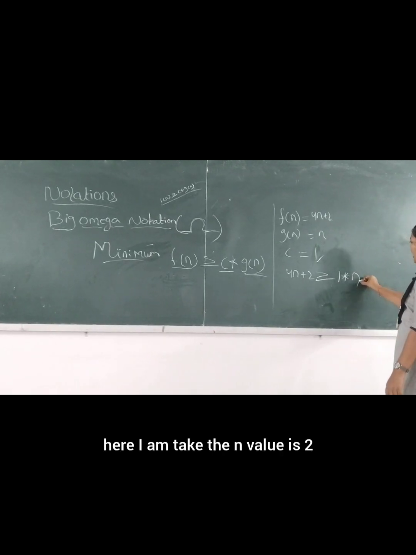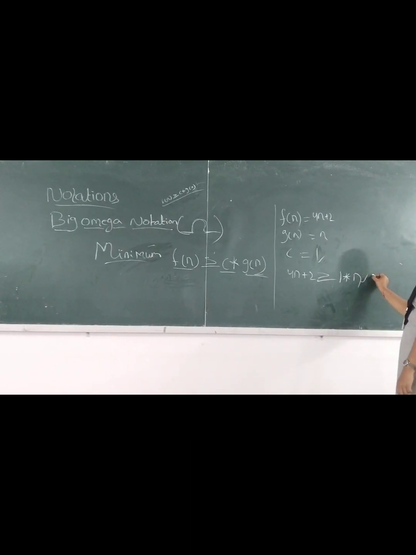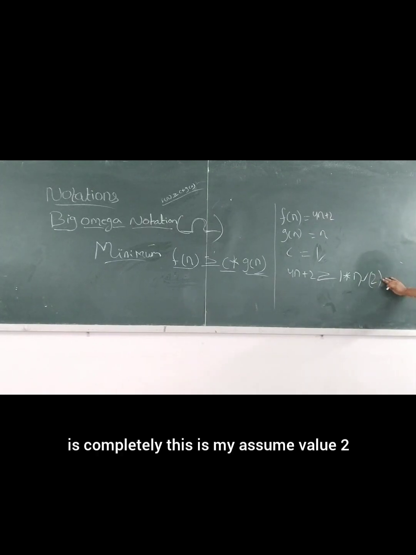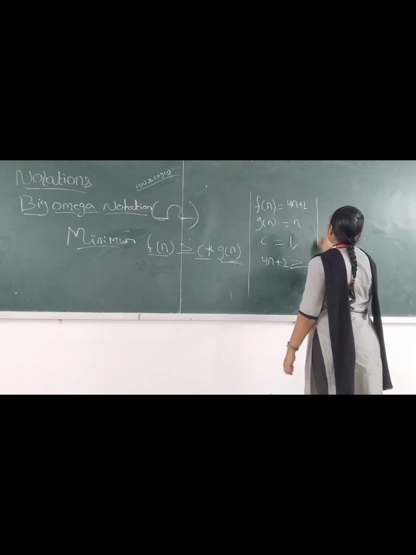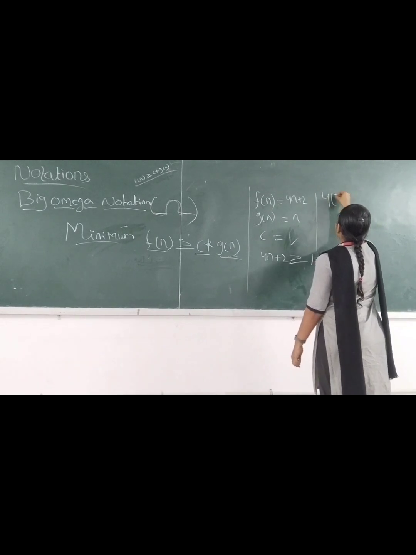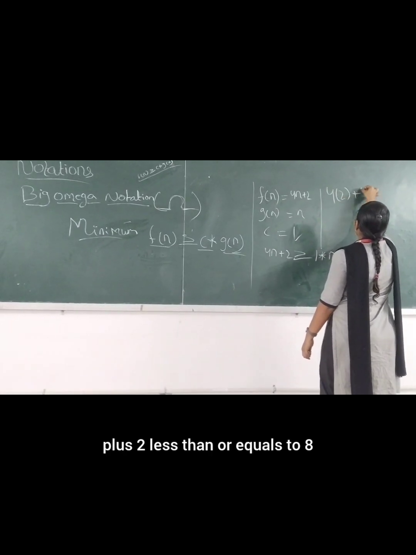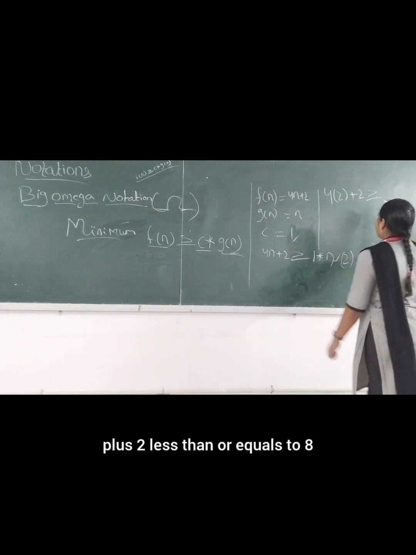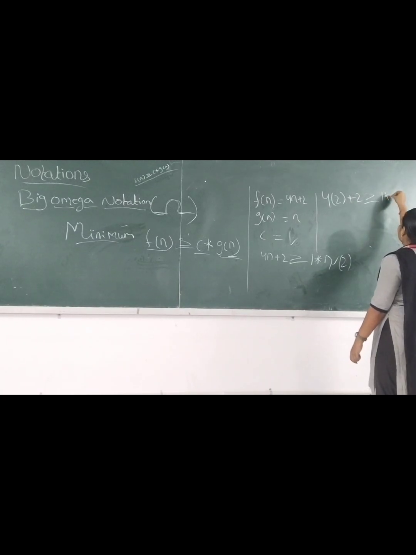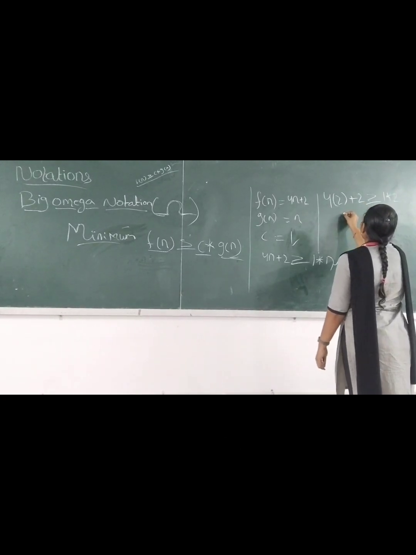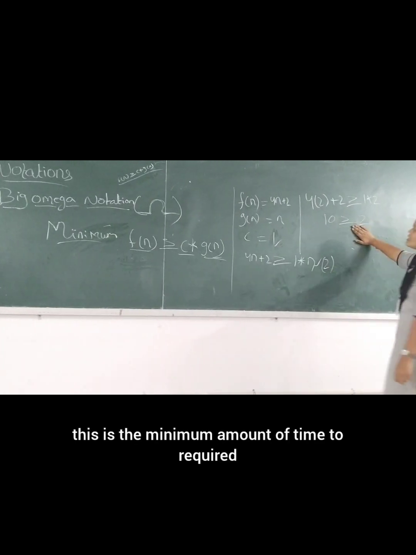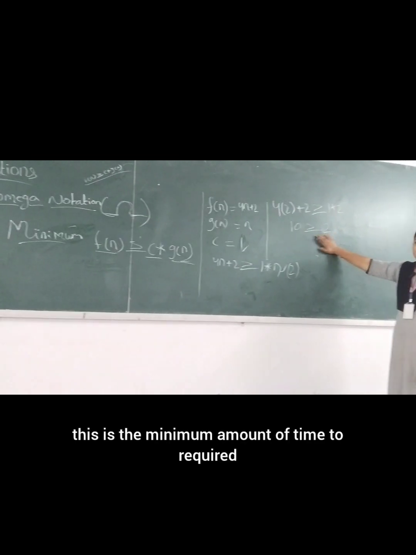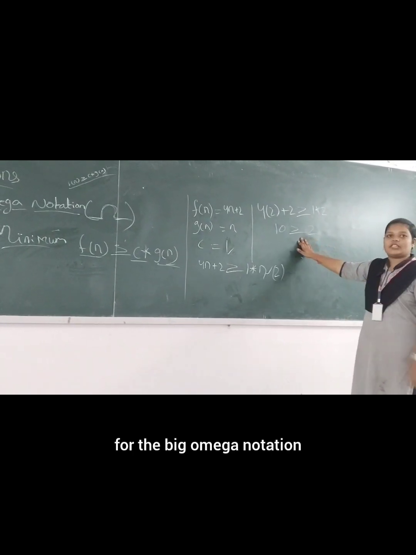Here I take the n value as 2, which is my assumed value. Two plus 2 less than or equals to asterisk 2. 8 plus 2, 10. This is the minimum amount of time required for the big omega notation.